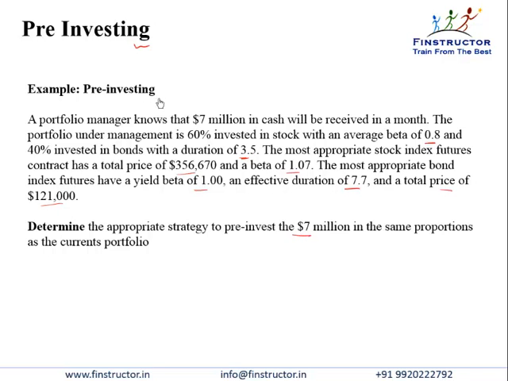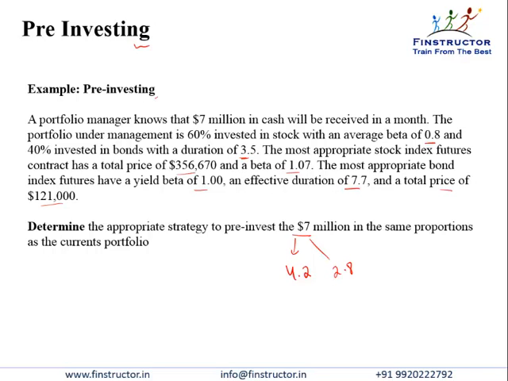So if we want to pre-invest in the same proportion, that means 60% or 4.2 million of this portfolio has to be invested in stocks, that is a beta of 0.8, and 40% of this portfolio, that is 2.8 million, has to have a duration of 3.5.